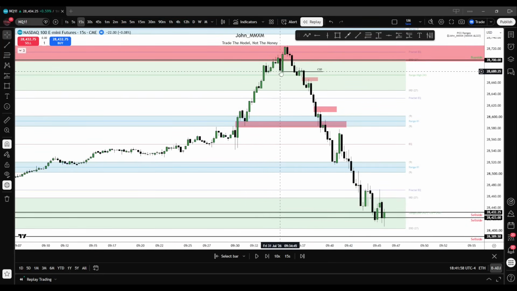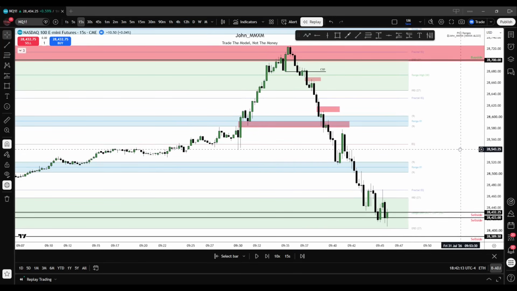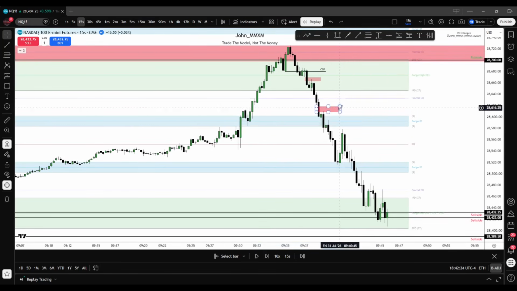Essentially, you can see here, this is the price delivery model. It's going to be the first one. There's going to be two more, but you'll learn those throughout the lectures. I want you guys to specifically focus on PDM 1 here. But yeah, guys, I think that this is a very, very clean example of price delivery model.